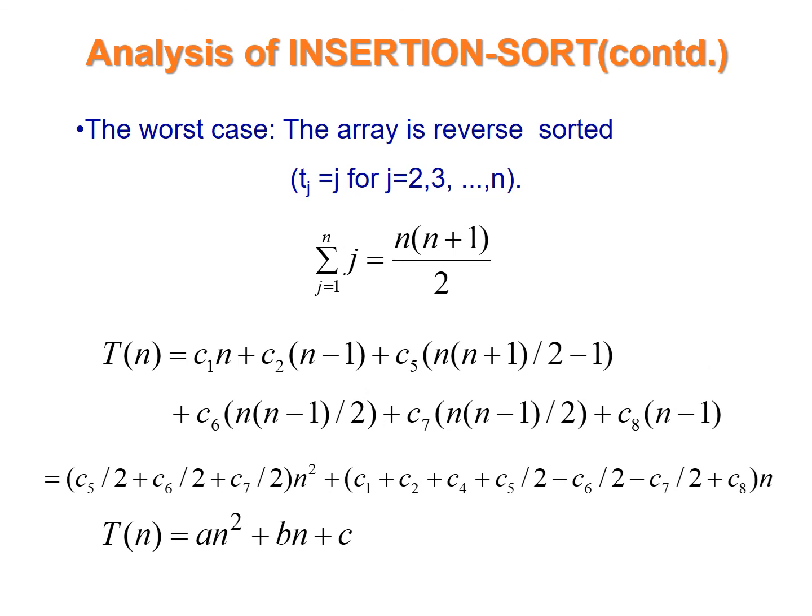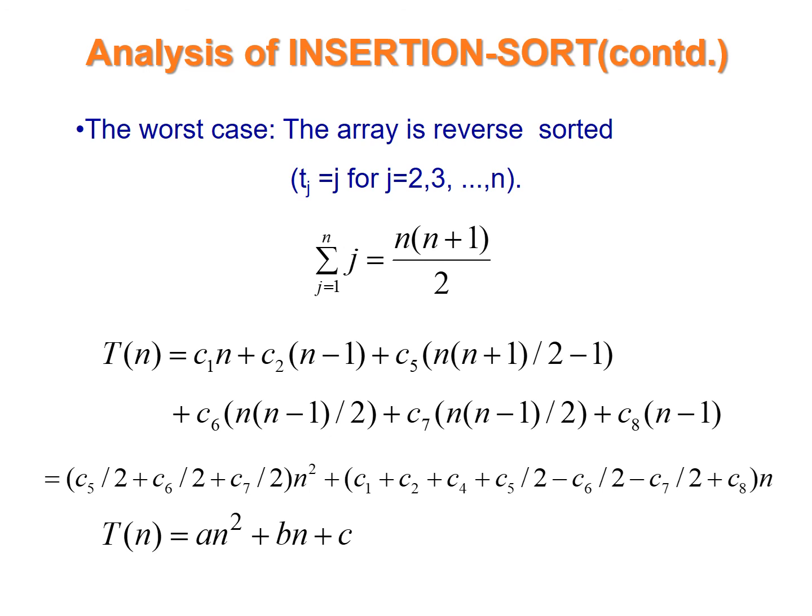The worst case: the array is reverse sorted. t j equals j for j equals 2, 3, and so on up to n. The summation of j from j equals 1 to n equals n times n plus 1 over 2.